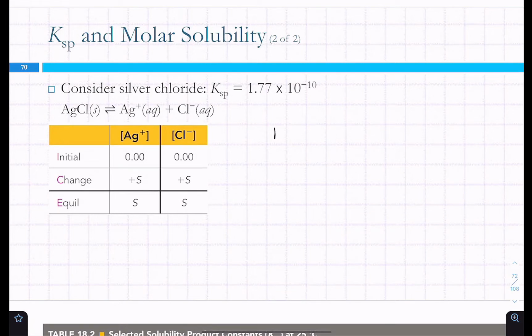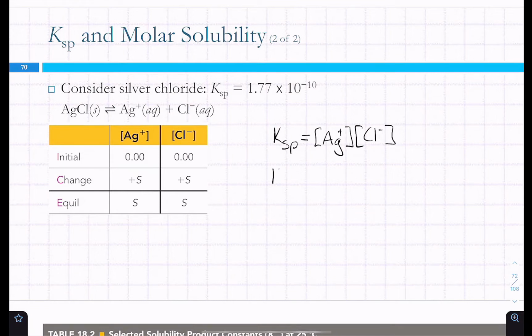And so we're going to take KSP equals, and just for this reaction, it's going to be Ag plus times Cl minus. And now we're just replacing the Ag plus concentration with S, and we're also replacing the Cl minus with S, because we're interested in not just one of the ions dissolving, but both of them at the same time.